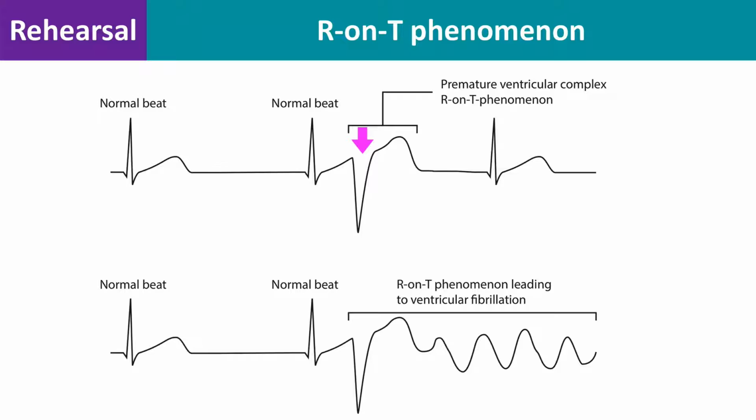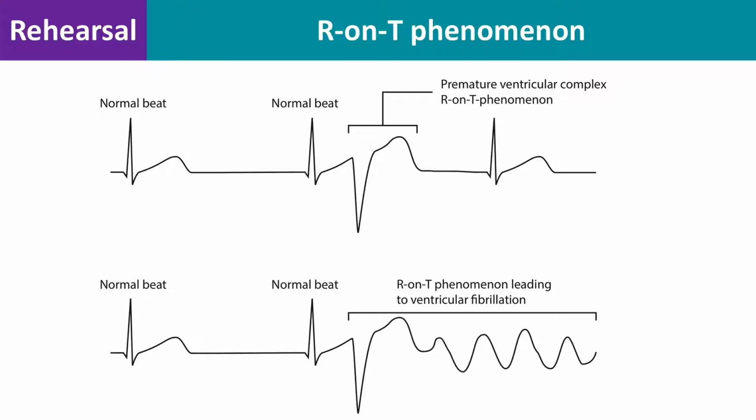So this is an abnormal beat, and it occurred on the T wave. This may be referred to as an R on T phenomenon. And this beat is referred to as a premature ventricular complex, or a premature ventricular beat, or extrasystole. There are many names to refer to these beats.